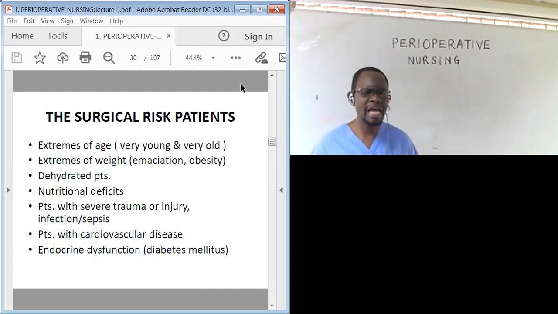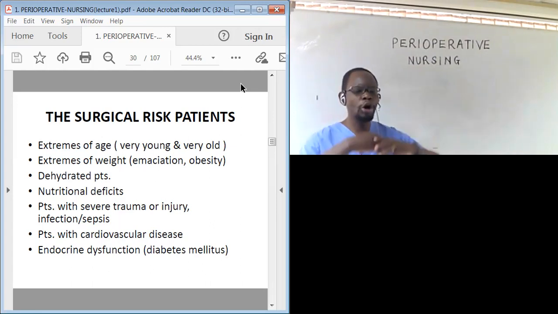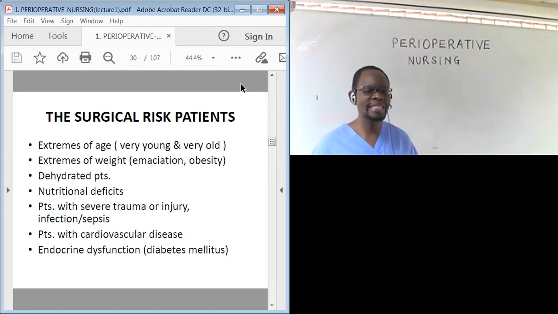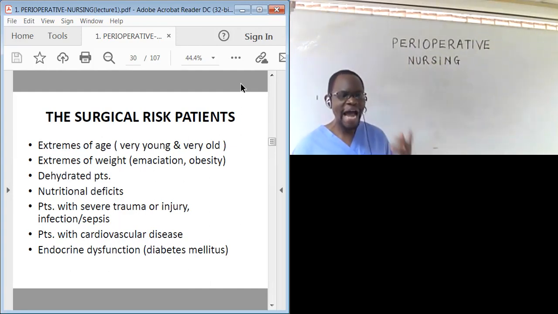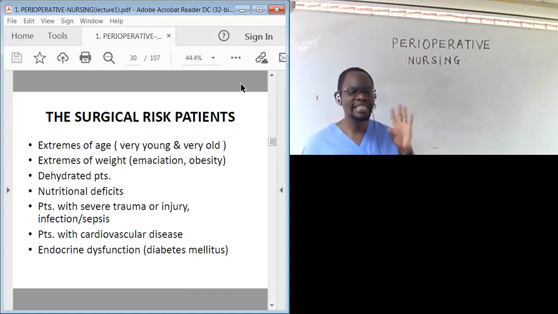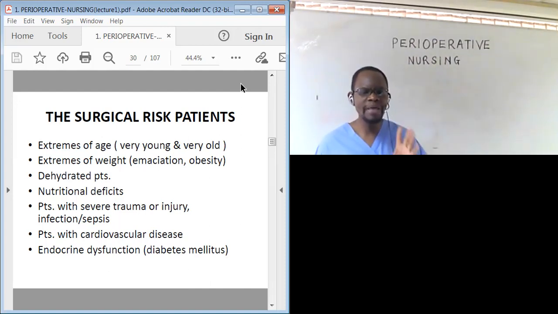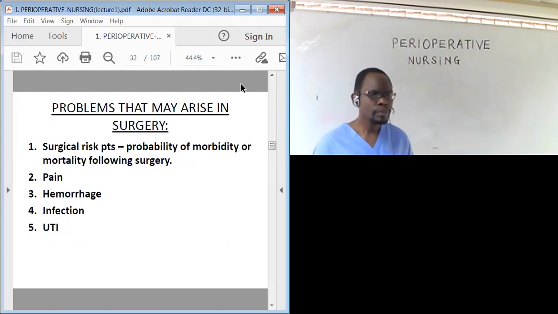If they have sepsis and infection, please first make sure that the infection is handled. If they have uncontrolled blood sugars or if they are hypertensive, it is the role of the medical team to make sure that the blood sugars are stabilized, or even the blood pressures are stabilized before this patient undergoes any form of surgery. I hope that is clear. All right.